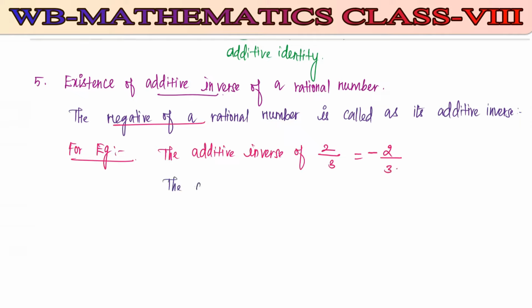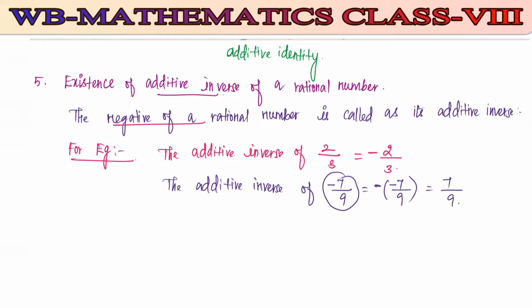Next, the additive inverse of minus 7 by 9. Here we just need to take a minus of the rational number, so minus of minus 7 by 9 is nothing but 7 by 9.